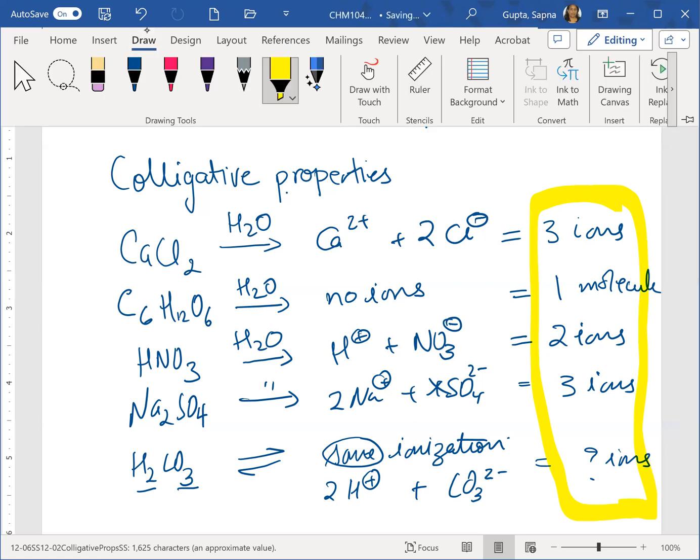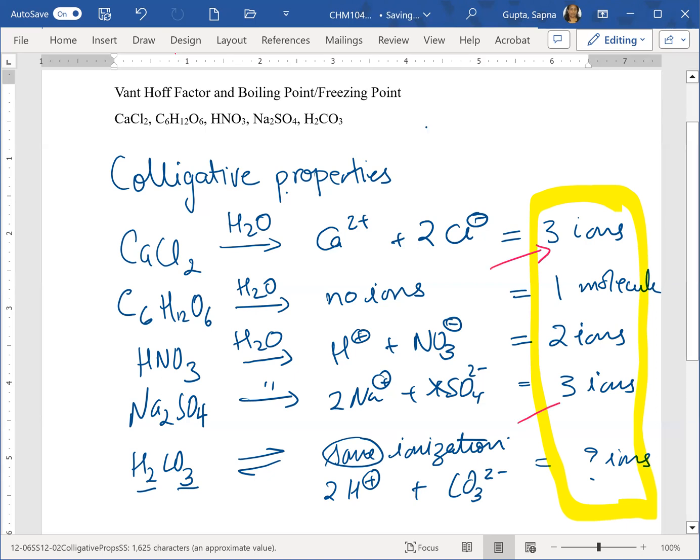Well, now we have a competing thing here. We have 3 ions here and 3 ions here, which means sodium sulfate and calcium chloride are going to cause the highest changes in the colligative properties. They will cause the freezing point to lower the most and the boiling point to be increased the most.